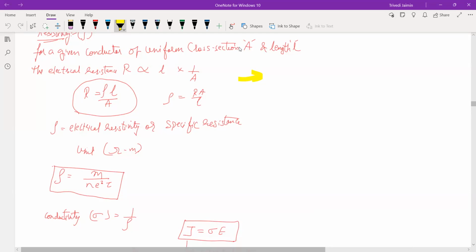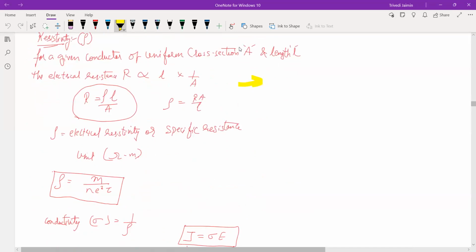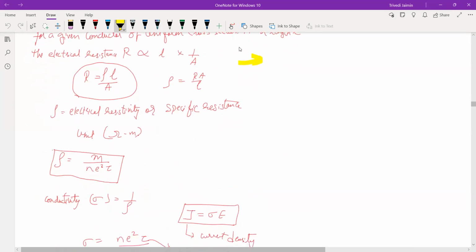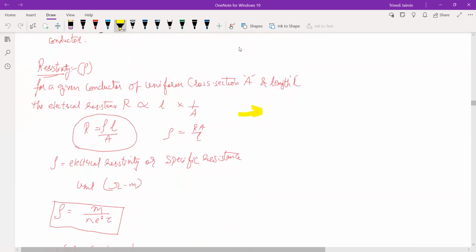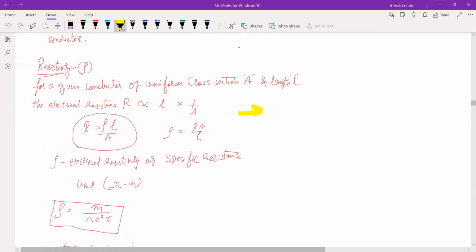So R equals rho L by A. That is, R is proportional to L, R is inversely proportional to area, and R is directly proportional to resistivity. As the length increases, resistance increases; as the area increases, resistance decreases. You have already studied these things in 10th standard, so I'm not explaining so much here.